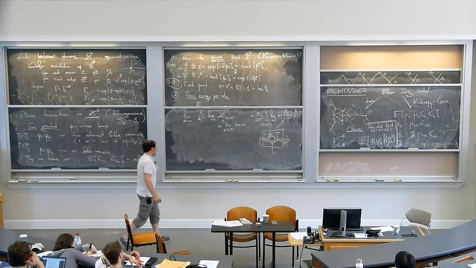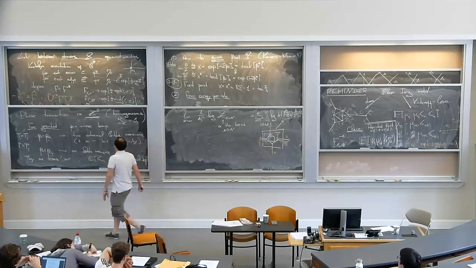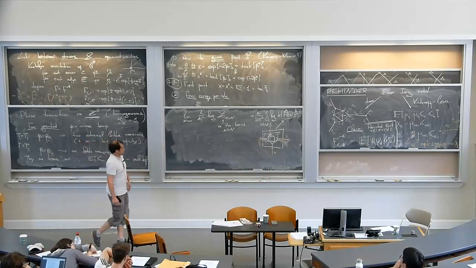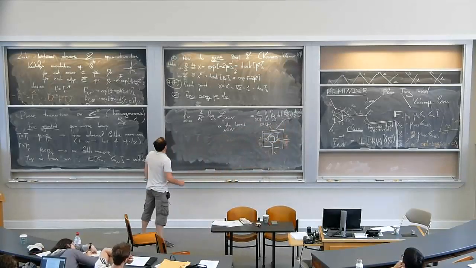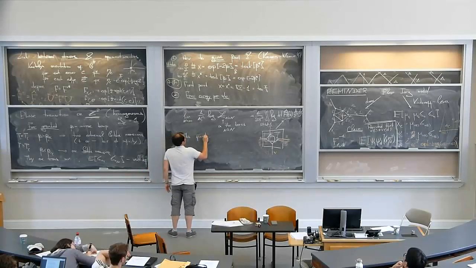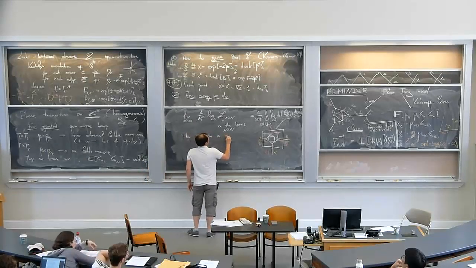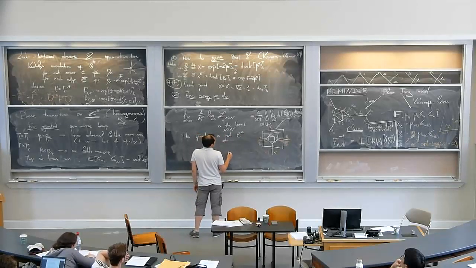So now, how this critical value is specified, you can wonder what happens with this function when beta changes, when the temperature increases. This function is not C2 at the critical temperature.